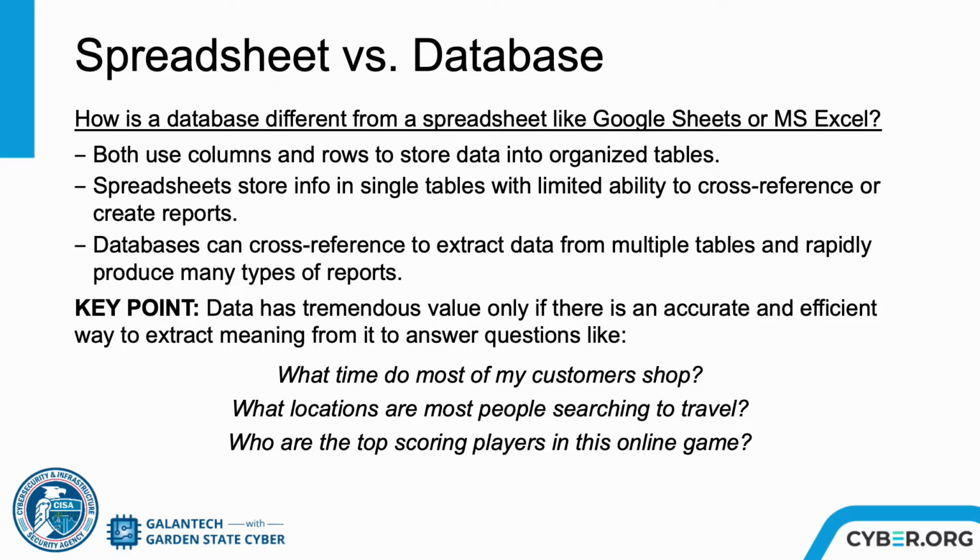Whereas on the other hand, databases can cross-reference to extract data from multiple tables and rapidly produce many different types of reports. But remember that data is only valuable to us if it is accurate and if we have the means to analyze it in a timely and efficient manner.